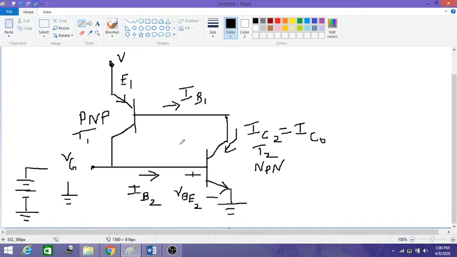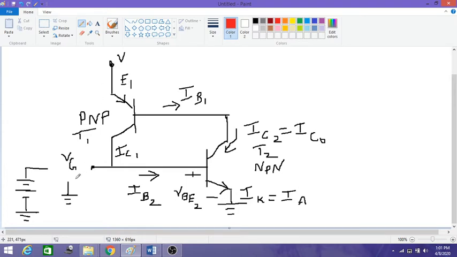So this is how the two transistors, that is PNP and NPN, are connected back to back. And this current I call it as IC1, the collector current. Okay, I think we have written all, and the current which comes here, this is IK, is equal to IA when it is on. Okay, so now let us analyze this.